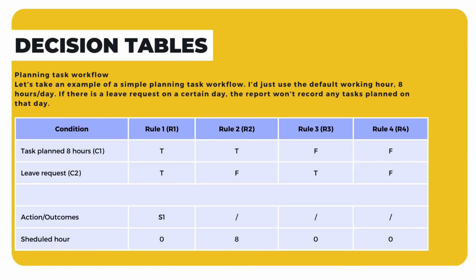I just use the default working hour, 8 hours per day. If there is a leave request on a certain day, the report won't record any tasks planned on that day. So there would be 2 conditions and 4 rules in total, and I list them out in the table. In combination, they produce 4 test cases.